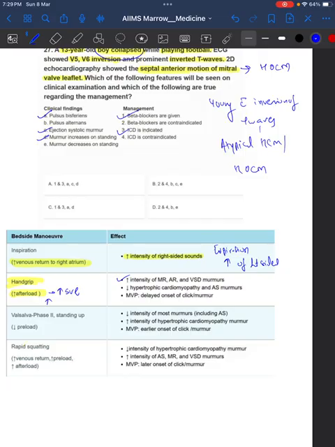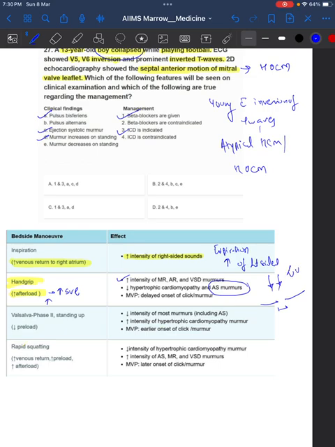Next, this afterload thing: in cases of stenotic lesions like AS, there will be more pressure. Let's say this is the aortic stenosis. Already the area is very small. Now let's say this is the blood which is coming.